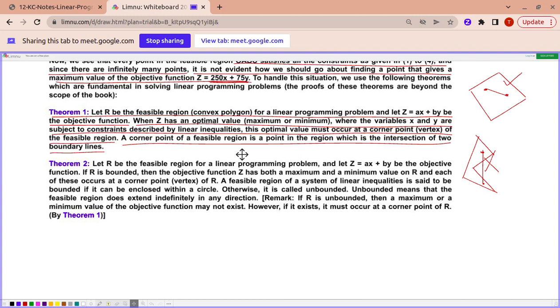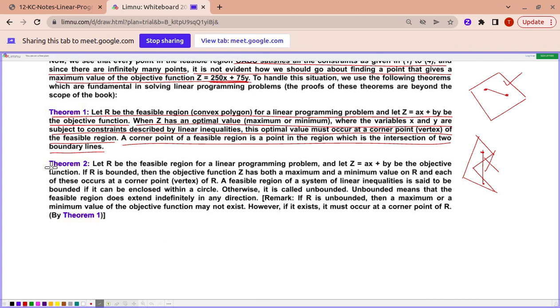Then Z has an optimal value, maximum or minimum, where the variables x and y are subject to constraints described by linear inequalities. This optimal value must occur at a corner point, a vertex of the feasible region. As I said, a corner point of a feasible region is a point in the region which is the intersection of two boundary lines. That is Theorem 1. Now let us come to Theorem 2.